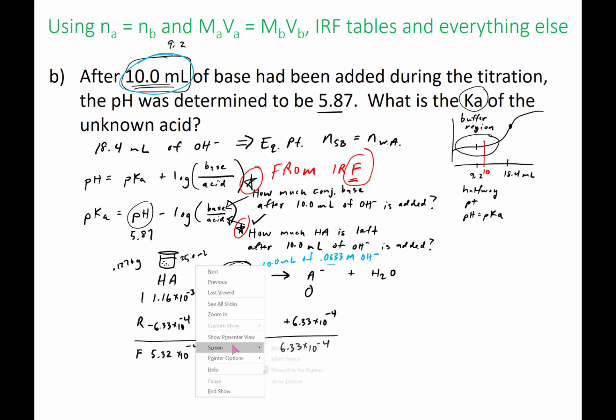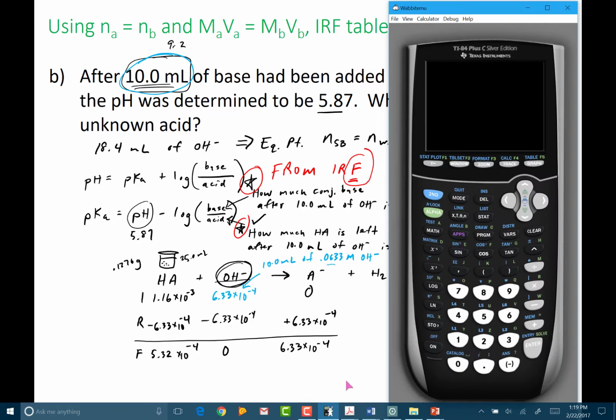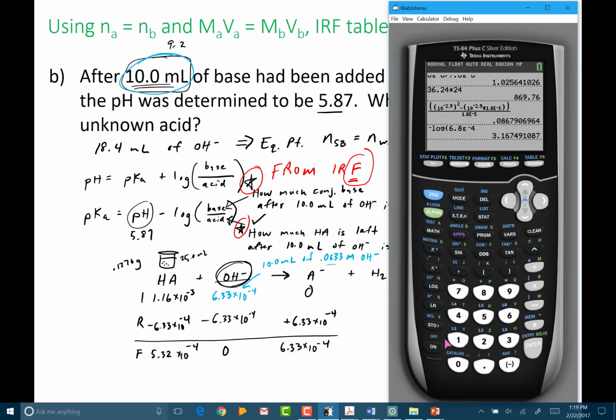So let me go ahead and do that in the calculator. So I'll go 5.87 minus the log of the base goes over 6.33 times 10 to the negative fourth, divided by 5.32 times 10 to the negative fourth.